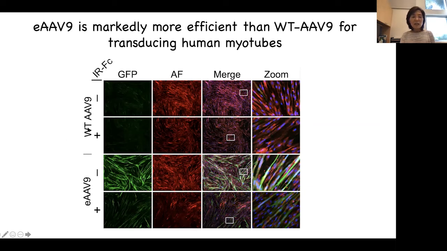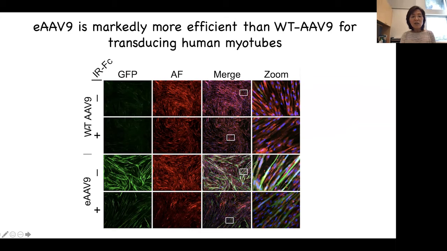using wild type AAV9 or EAAV9 in the presence or absence of IRFC, that is the extracellular domain of insulin receptor fused to FC domain, used as an inhibitor here to show that this entry transduction is insulin receptor dependent.